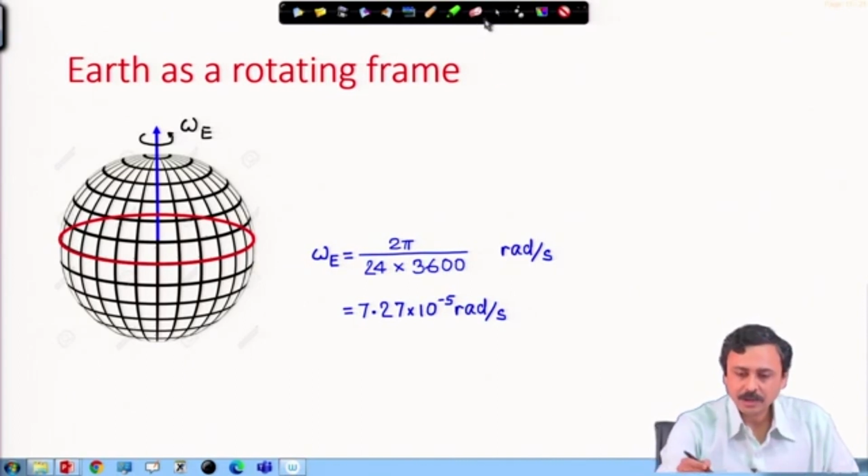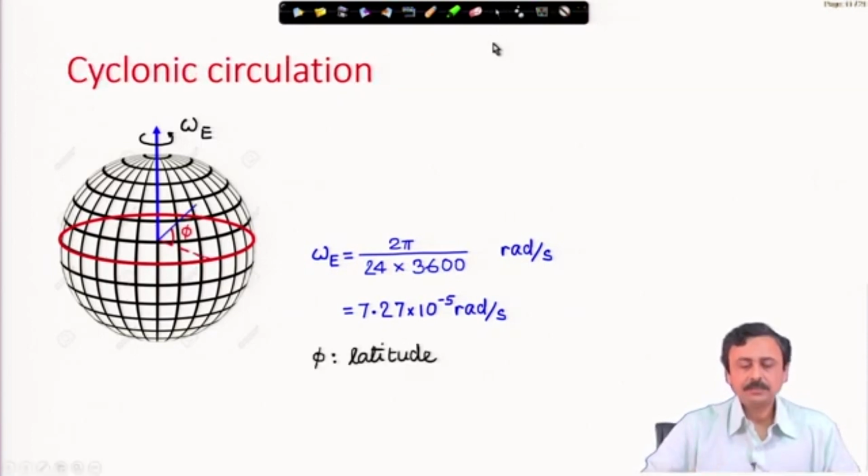Okay, let us now look at a point on the surface of the earth at a latitude phi. I indicate this angle in the figure. That angle phi is measured from the equator. This red circle is the equator, and as you know, latitudes are measured from the equator.